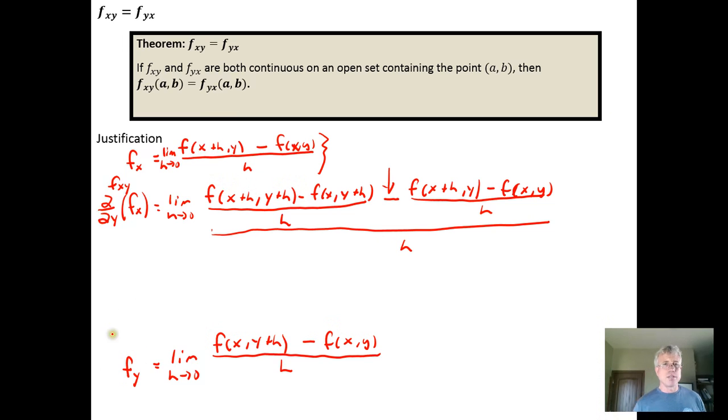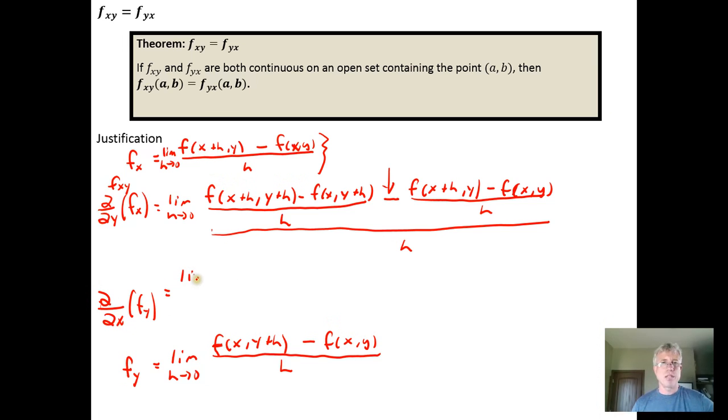And to get f sub yx, the mixed partial where I take the derivative with respect to y first, then x, I would take partial x of my f sub y. If I'm taking the partial with respect to x, that says hold y constant, and everywhere you see an x, replace it with an x plus h, then subtract the original function, put it all over h and take the limit as h goes to 0.